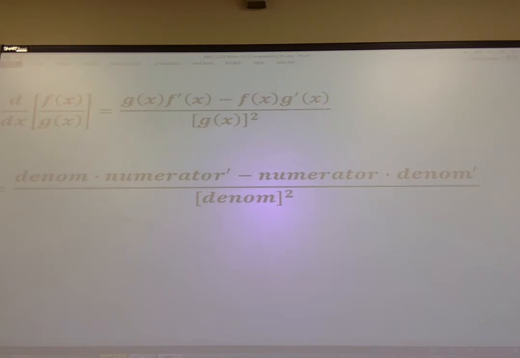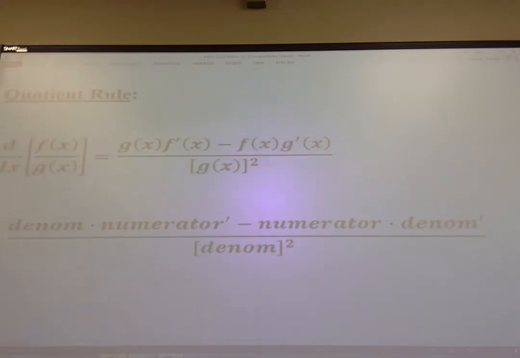If I think quotient rule, I say, okay, denominator times numerator prime, then reverse it, minus numerator times denominator prime, over denominator squared. It's all these little devices, right, in math to help you remember. That's the way I would remember the quotient rule. And that is what it's called.